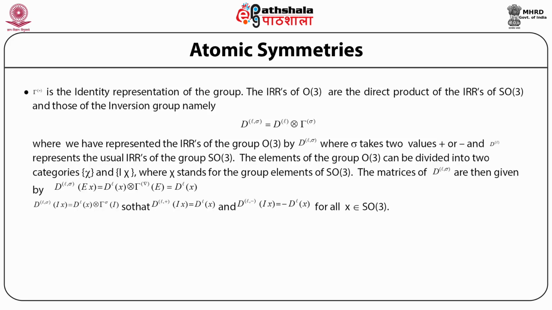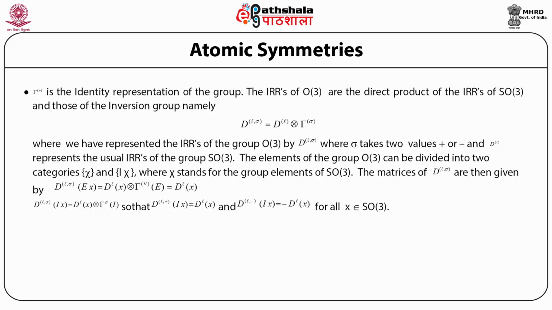The elements of the group O3 can be divided into two categories, say chi and I chi, where chi stands for the group elements of SO3. The matrices of D_l sigma are then obtained as a direct product of D_l and D gamma sigma.